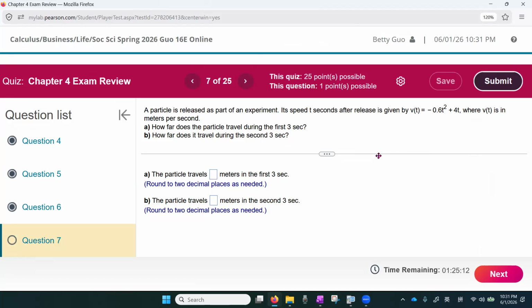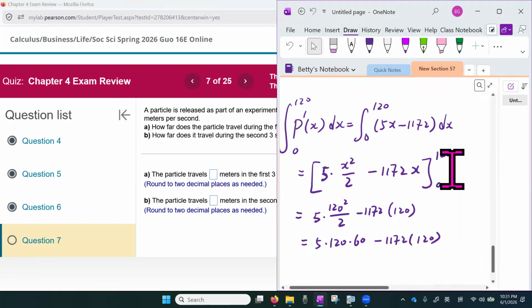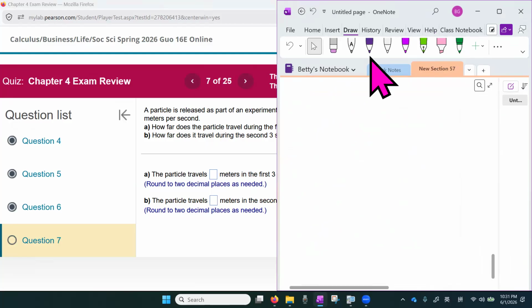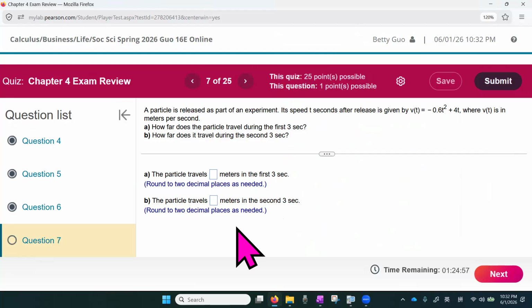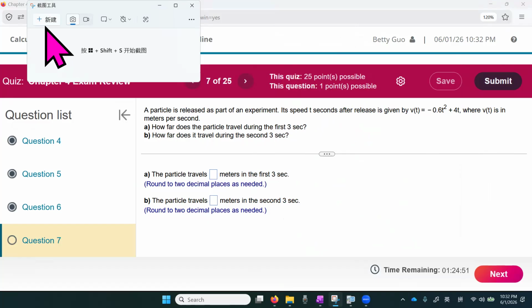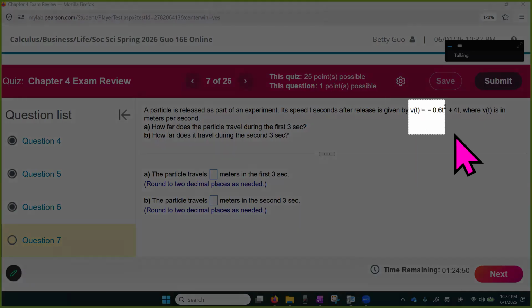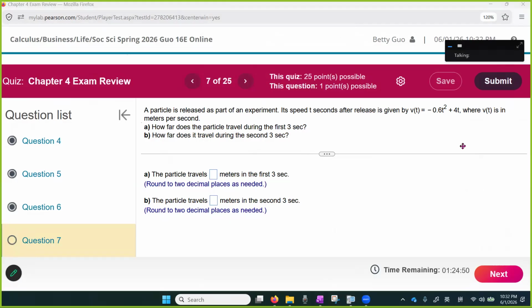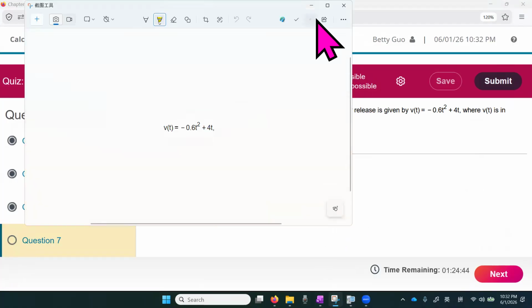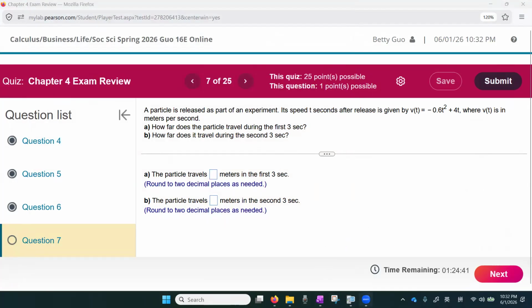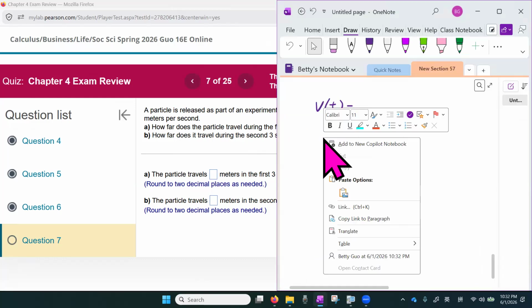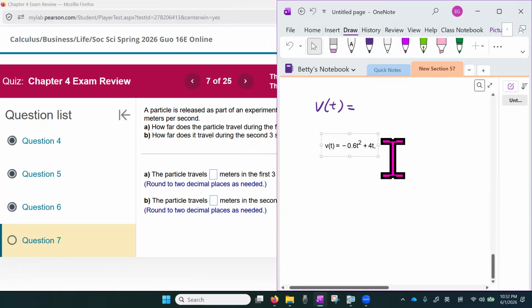So what happened to this problem is we are given the velocity function v of t. The velocity function is given.